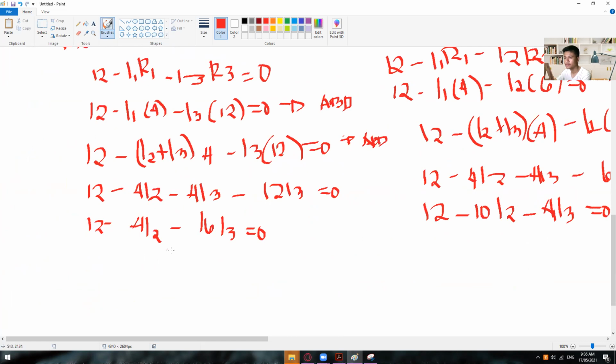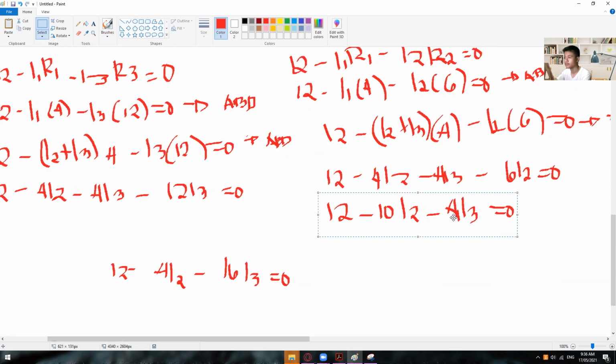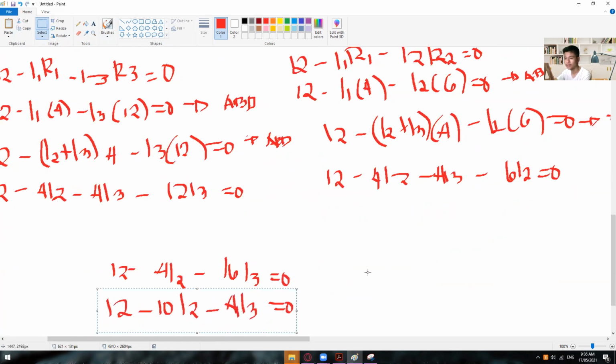And then from there, we can already perform simultaneous equation using our calculator. Okay, so let me get this one right here, and the same with this one right here.